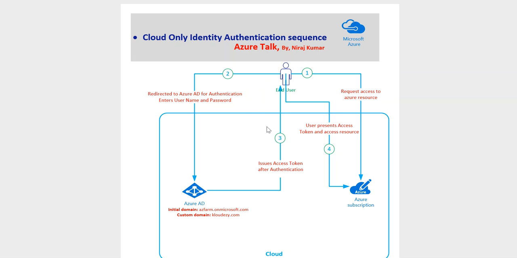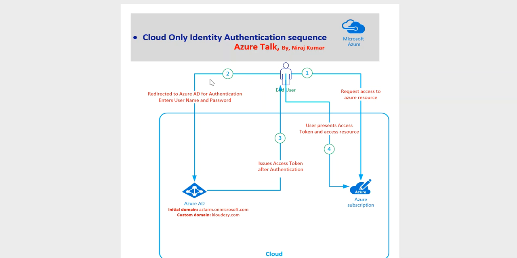So if you walk through the sequence, the first step is the user tries to access a resource in the Azure portal. For example, you try to log on to portal.azure.com. Your request comes to the Azure subscription portal, and it recognizes that you need to authenticate. So this portal sends you back to the Azure AD authentication portal, where you log on to the Microsoft website.